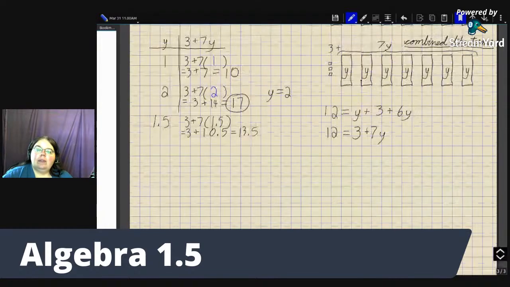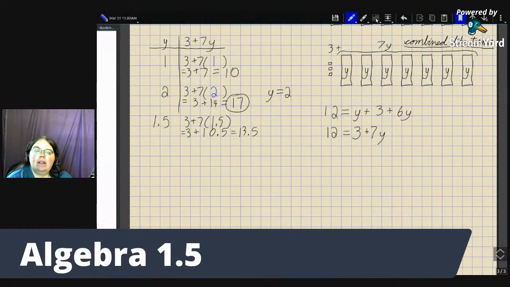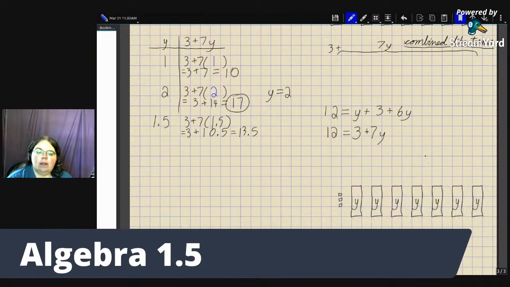So we know that the right-hand side of the equation is this 3 plus 7y. And we know that the left-hand side of the equation is just 12.